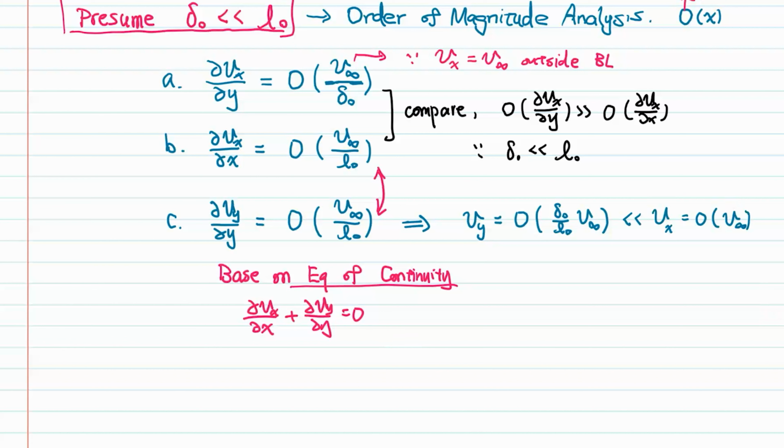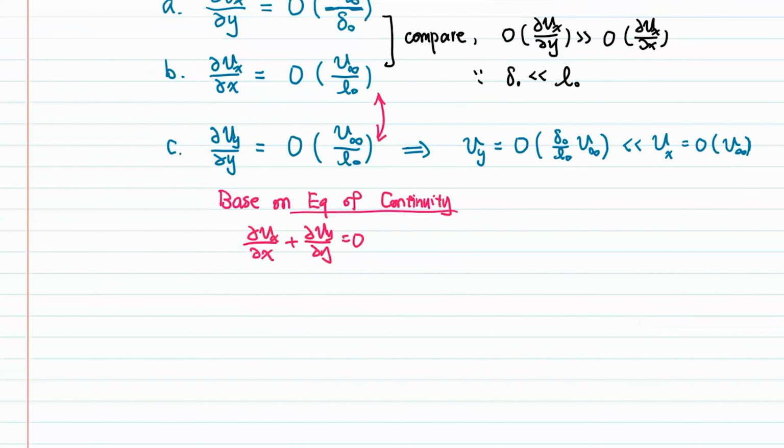So here is something that we can already compare. We compare the orders of different quantities and different operators, or the partial derivatives, that will occur in your equation of changes. With this in mind, we will further analyze all the terms within our equation of changes.